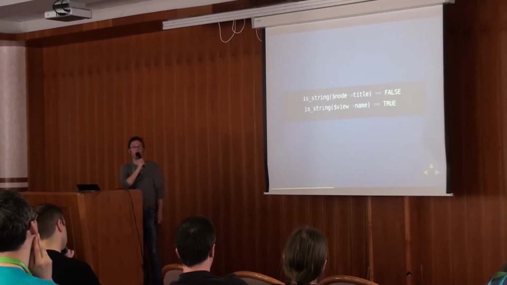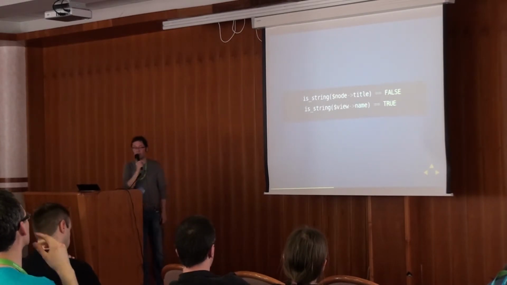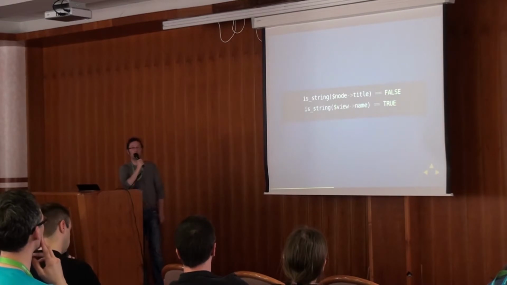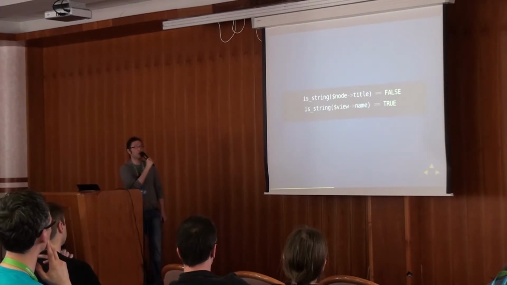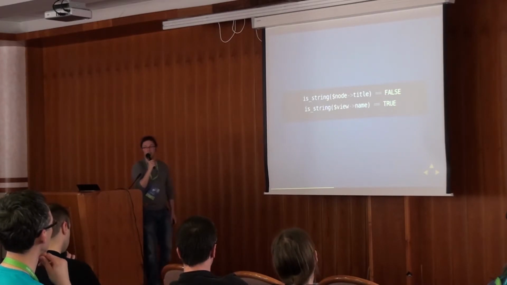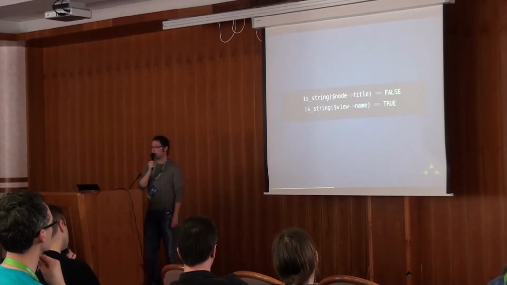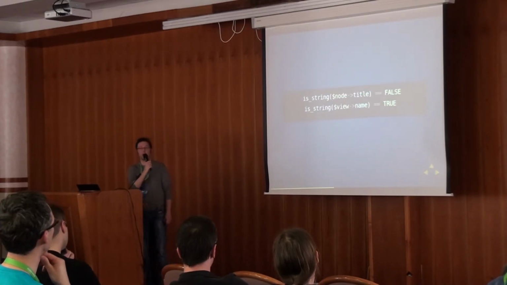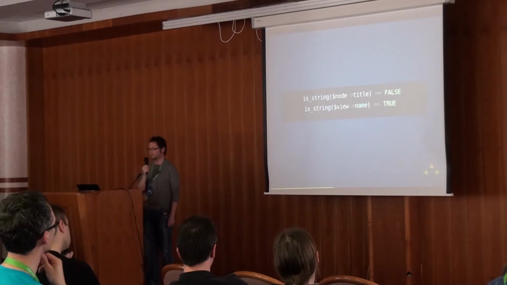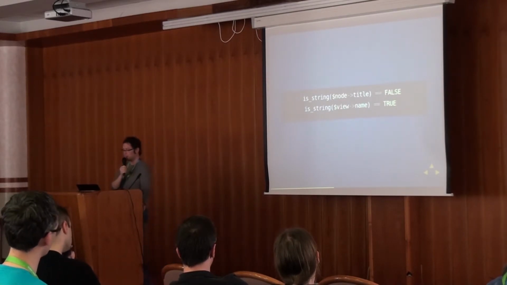When you call node title on the content entity node, it's not a string, it's an object because it's a field item list, so you have to use node title value when you want to get the string. And on configuration objects, like on a view, if you call view name, it's actually a string because it's just a property and not a field. So configuration entities still have properties.